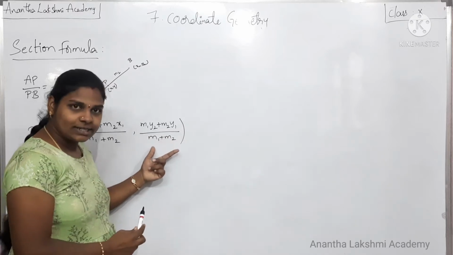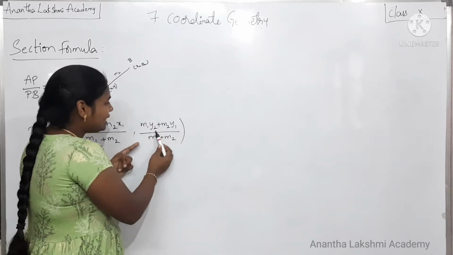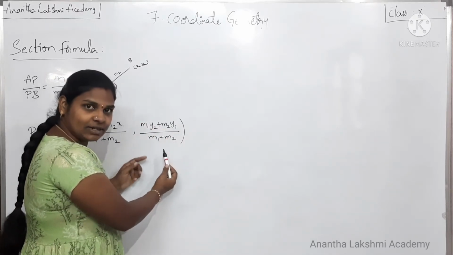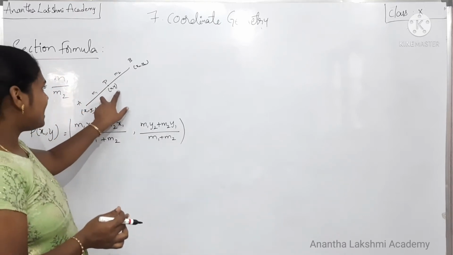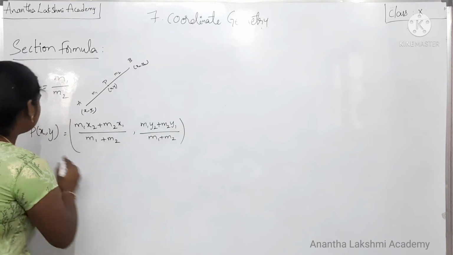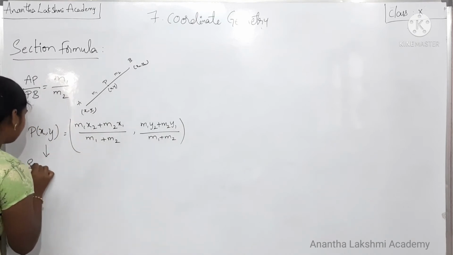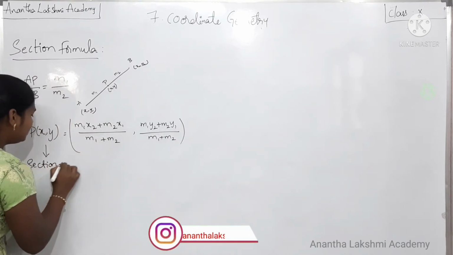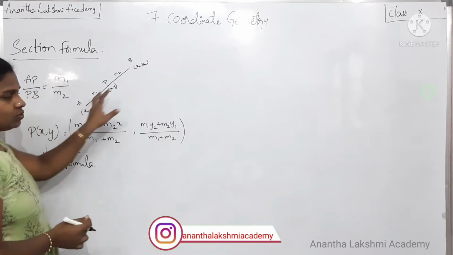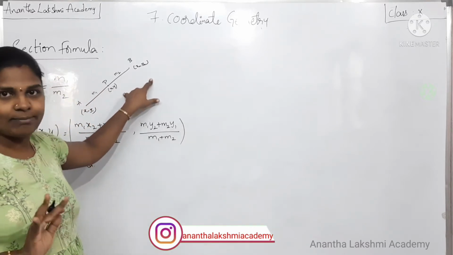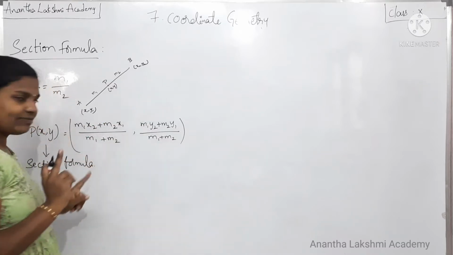And the y coordinate is also the same: M1 y2 plus M2 y1 by M1 plus M2. This is called the section formula, wherein we learned the coordinates of a point which divides the line segment into 2 sections in the ratio M1, M2. That is the first thing we have learned.